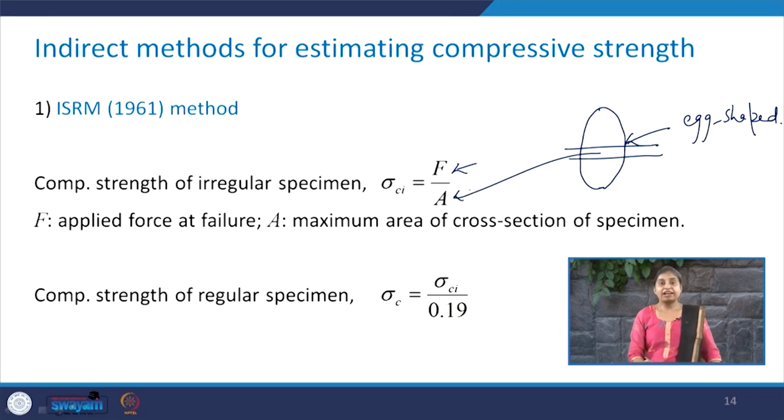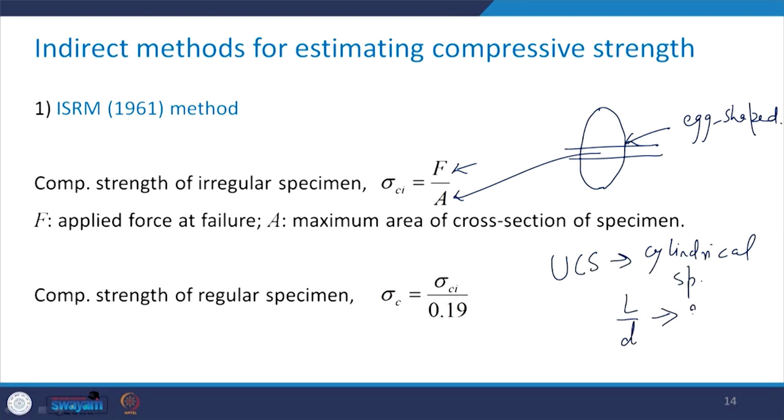This is what you will get for the irregular specimen, but how have we defined the UCS? That means a cylindrical specimen with L by D varying between 2 to 3. So a correlation was developed to convert the compressive strength of the irregular specimen to the compressive strength of the regular specimen.